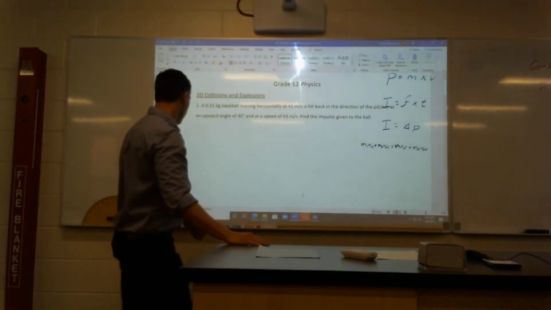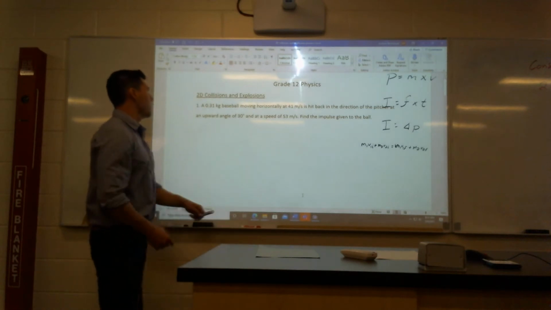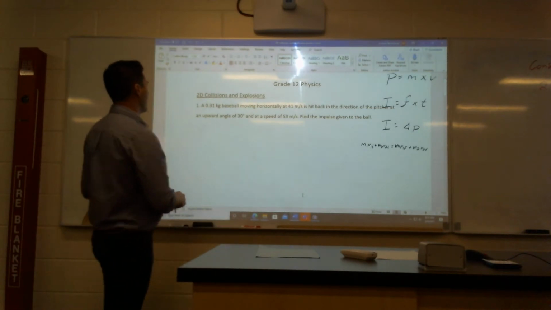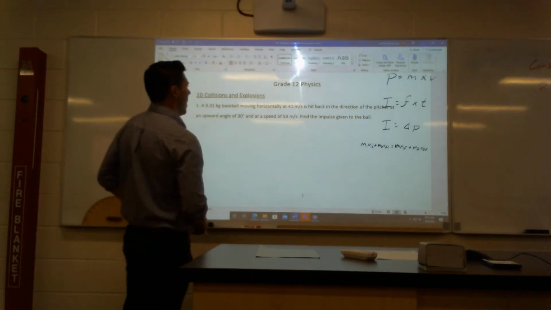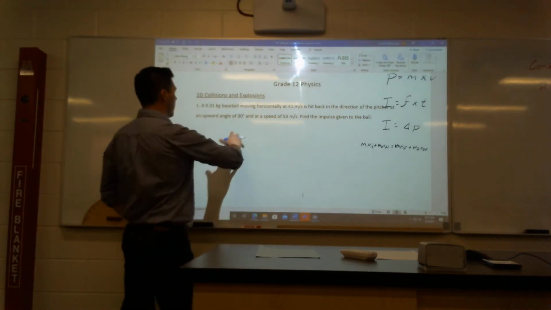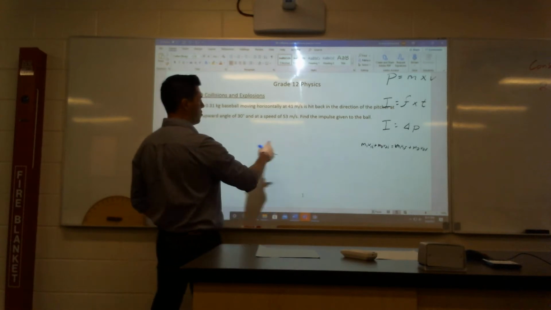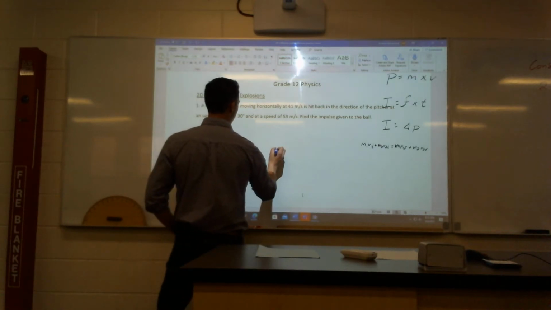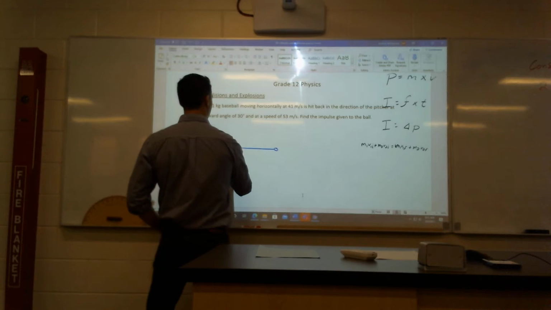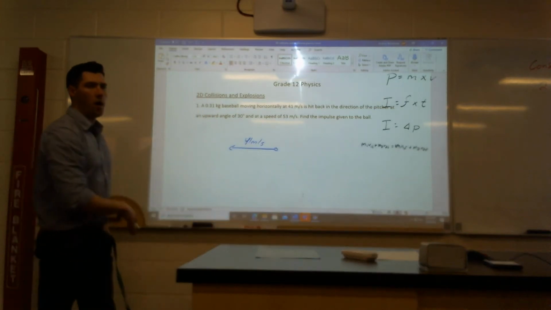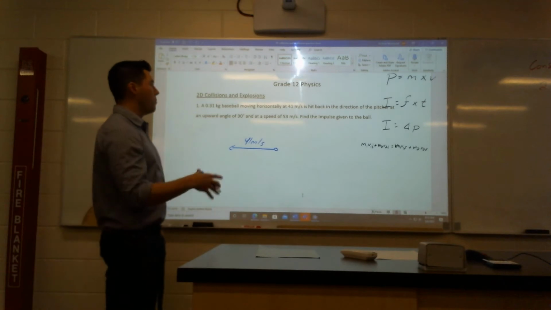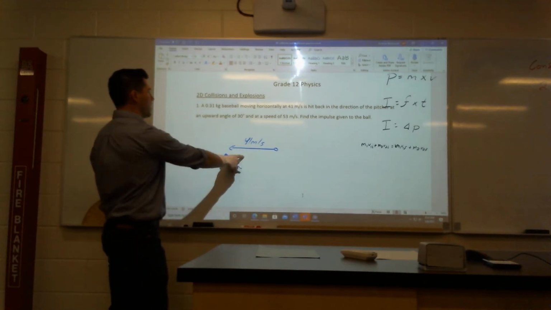It says a 31 kilogram baseball is moving horizontally at 41 meters per second, and then it's hit back at the pitcher. Let's just draw this out. It doesn't matter which way you draw it. We'll draw the ball going this way, 41 meters per second. It says straight horizontally, so no Y component whatsoever right now, just an X component.